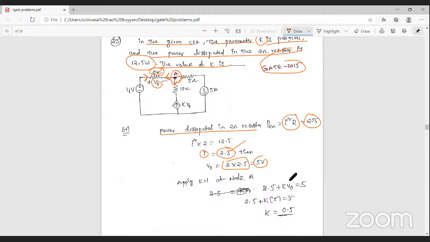That's why minus 2.5. Okay, minus 2.5. Next here the current source, what is the current here, K V0, current is entering, but ఇక్కడ మీరు లీవ్ తీసుకున్నారు కాబట్టి minus K V0. బట్ ఇక్కడ కరెంట్ లీవ్ అని తీసుకున్నారు, బట్ ఇక్కడ ఆల్రెడీ కరెంట్ లీవ్ అయి ఉంది కాబట్టి +5 is equal to 0.